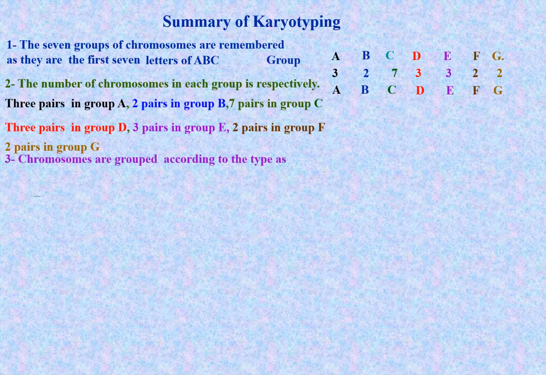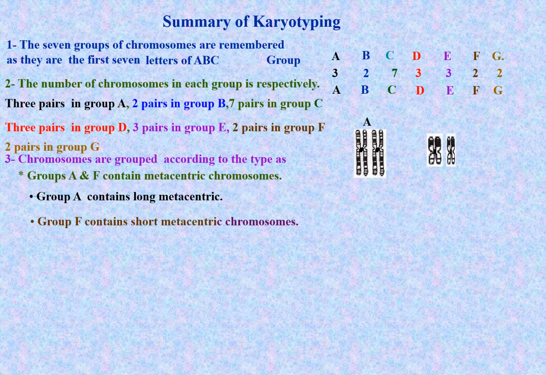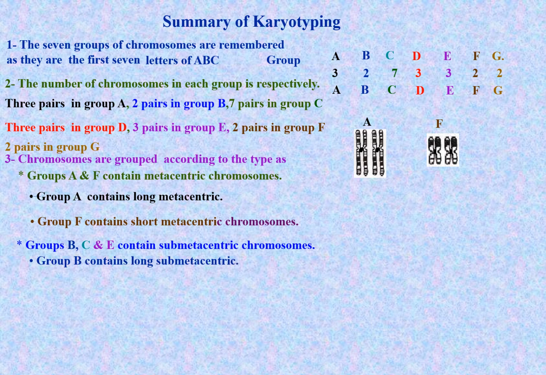Chromosomes are grouped according to their type and size. Groups A and F contain metacentric chromosomes. Group A contains long, while Group F contains short metacentric chromosomes. Groups B, C, and E contain submetacentric chromosomes.